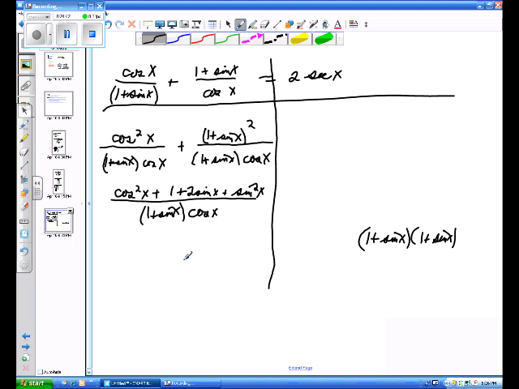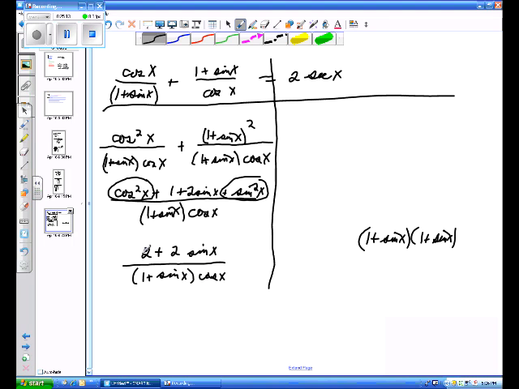Well, if you look right here, you've got a cosine squared plus a sine squared. And cosine squared plus sine squared is 1. So this is 1 plus 1, which would give us 2, plus 2 sine x over 1 plus sine x times cosine x.